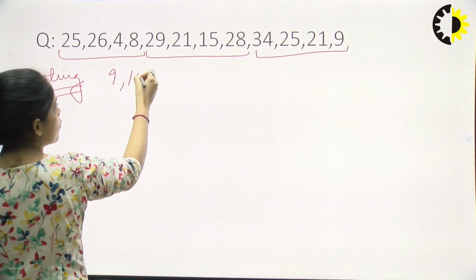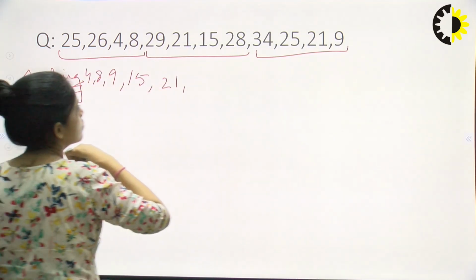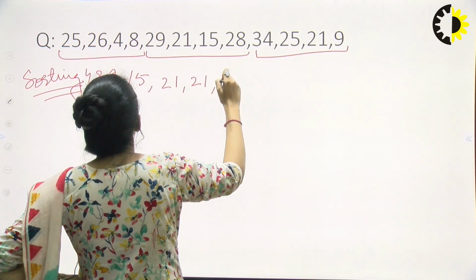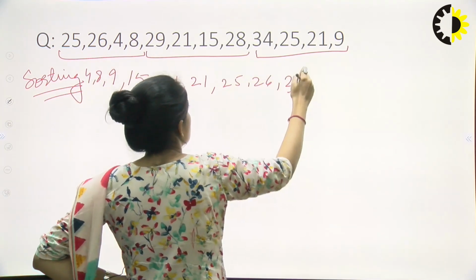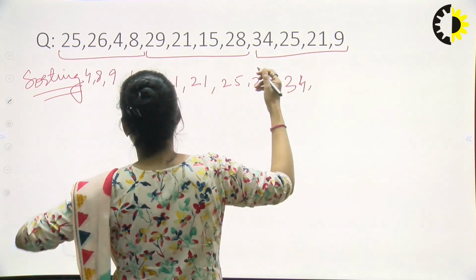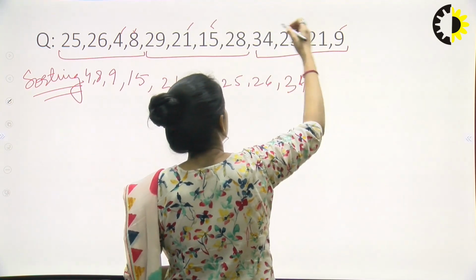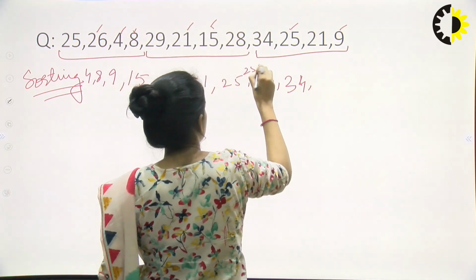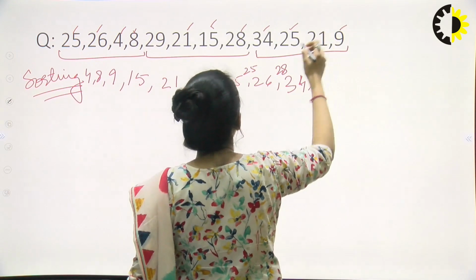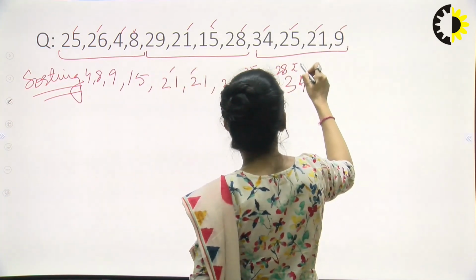4, 8, 9, 15, 21, 21, 25, 25, 26, 28, 29, 34.